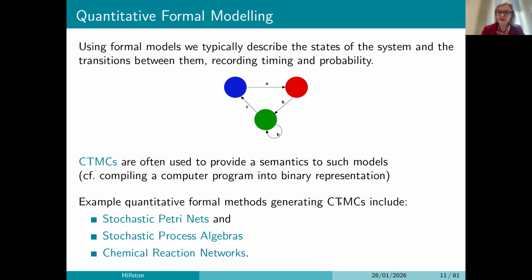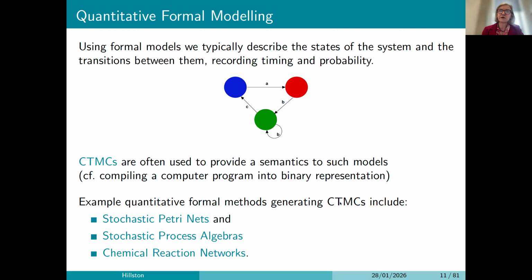Now, we don't want to do this at the state space level, because often we're talking about continuous time Markov chains with millions of states, but we have a number of different formal languages that then are given semantics in terms of the CTMC. So you can think of it as you have a language, and instead of compiling it like a computer program into binary representation, we compile it into some mathematical representation.